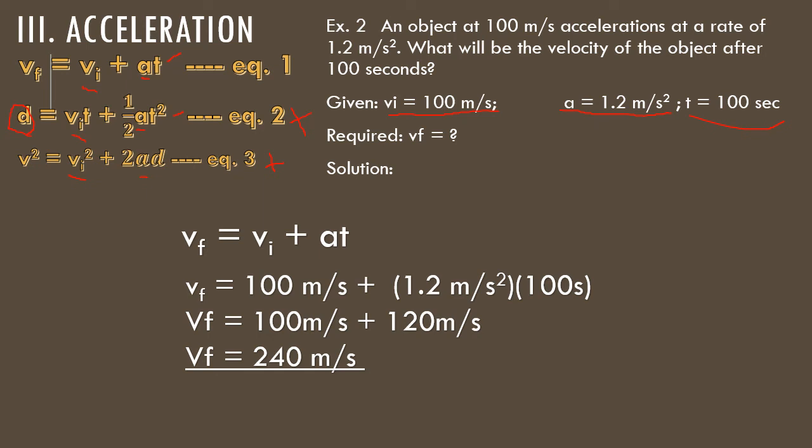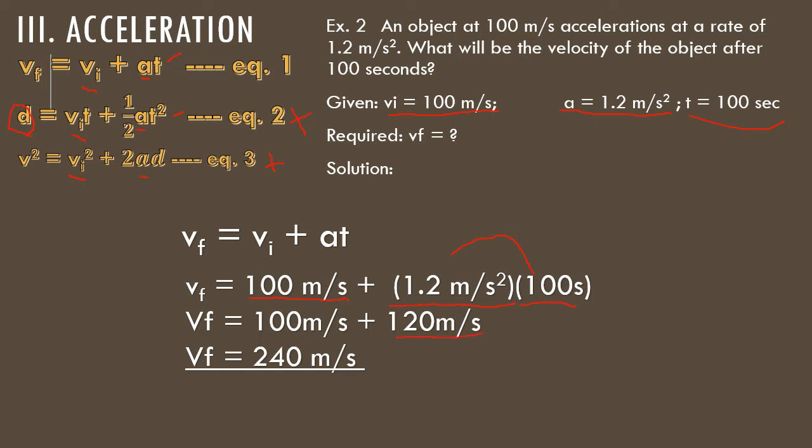So, substitute the given value. So, initial velocity is 100 meter per second. Acceleration of 1.2 meter per second squared multiplied by 100 seconds, which is the time. So, multiply this, magiging 120.